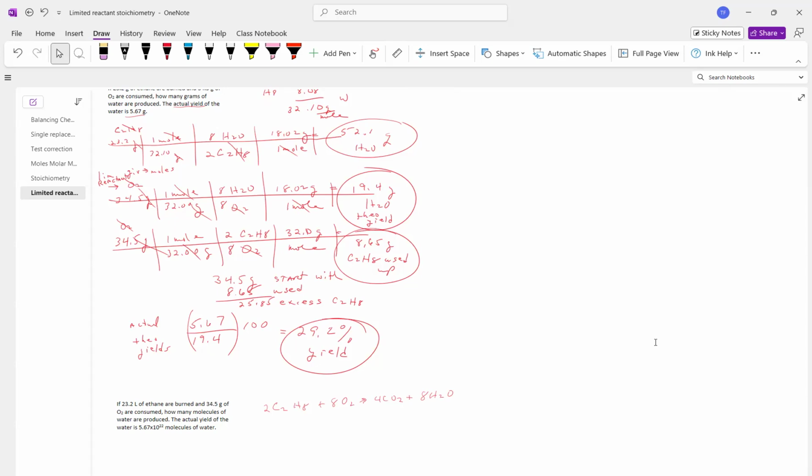Now, this problem here, we're starting with liters of ethane. Ethane is a gas. And we're starting with molecules of water. 2 givens. Same basic deal. 4 problems. Now, I said last week you're going to have a take-home problem for test 4.